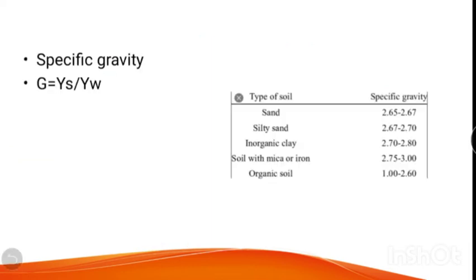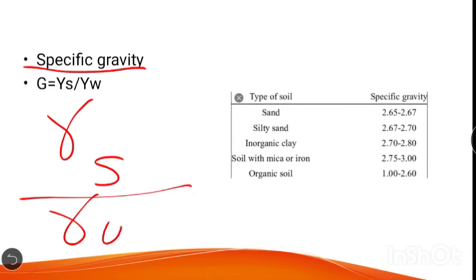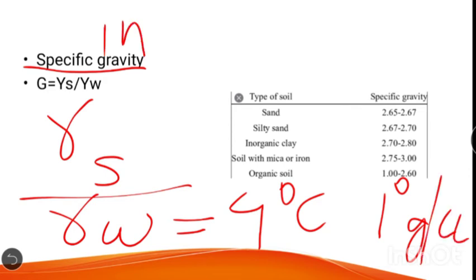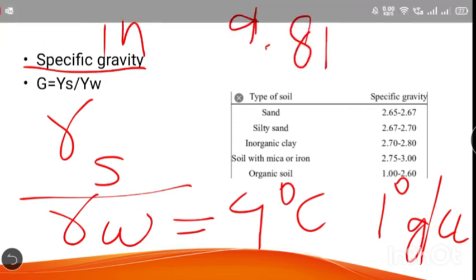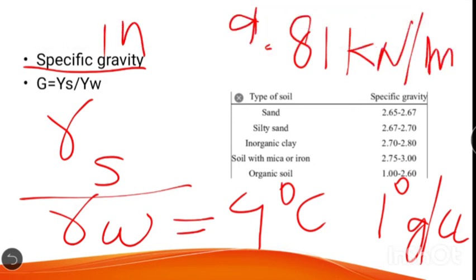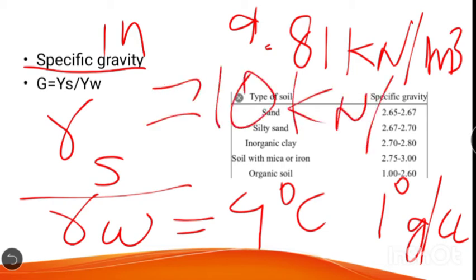Moving further, specific gravity. Friends, specific gravity is the unit weight of solid to the unit weight of water. And what is the unit weight of water? You should know, at 4 degrees Celsius, the unit weight of water is always 1 gram per cc, and in SI unit it is 9.81 kilonewton per meter cube, and for convenience we take it as 10 kilonewton per meter cube.